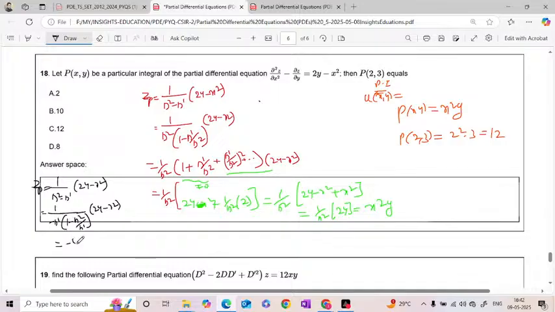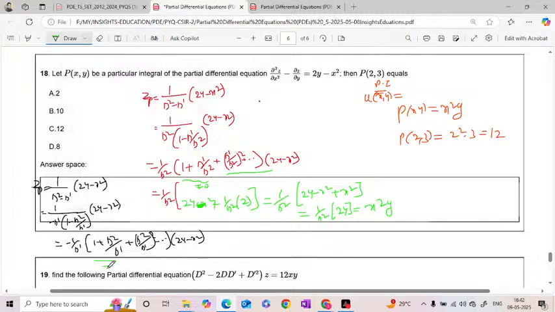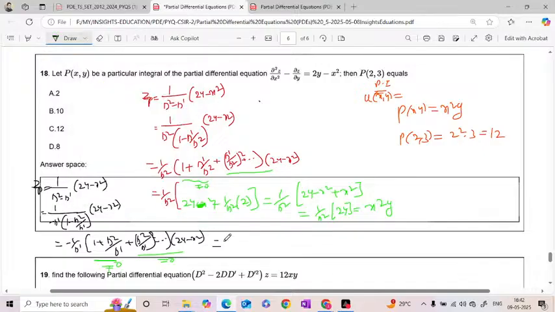After expanding, minus 1 d dash, 1 plus d square by d dash, whole square, and so on, into 2y minus x square. The first part gives non-zero, the second part also gives non-zero, and the rest give 0. Then here we will get the particular integral minus 1 by d dash of 2y minus x square.